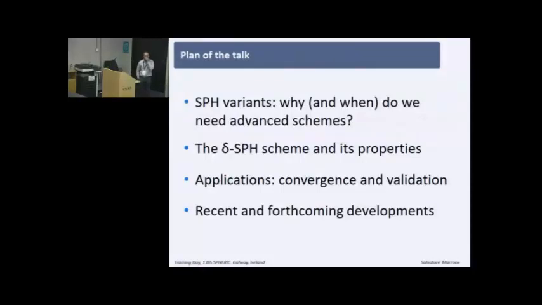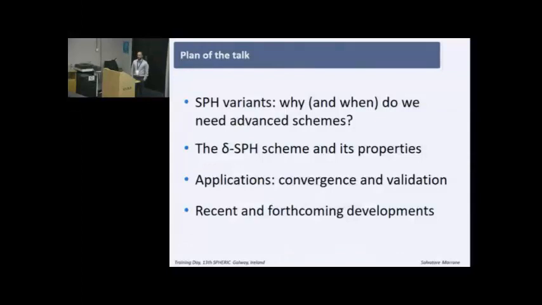First of all, I will talk about why we need, and when we need, the SPH variants. Are they needed in every simulation, or maybe we can just use the standard SPH for most of our applications? Then the Delta-SPH scheme and its properties.